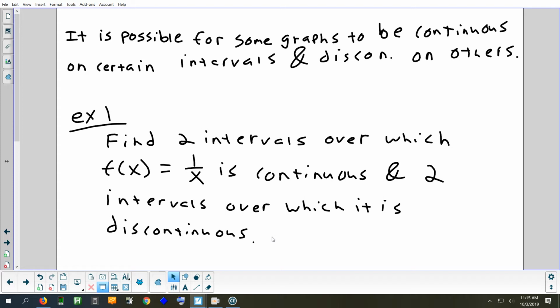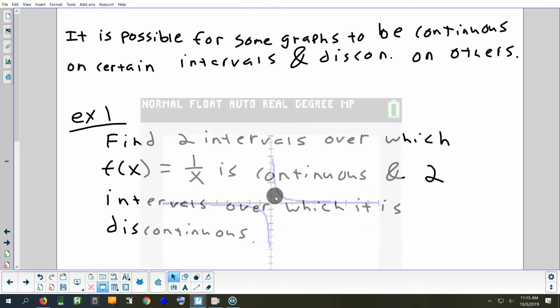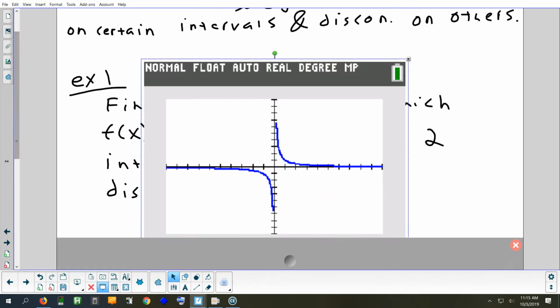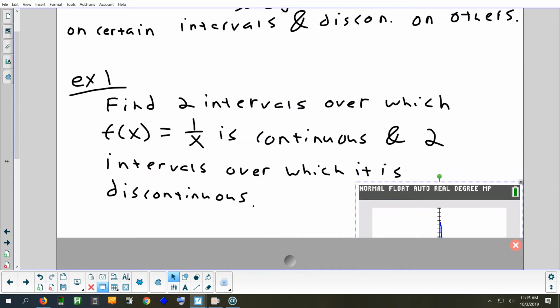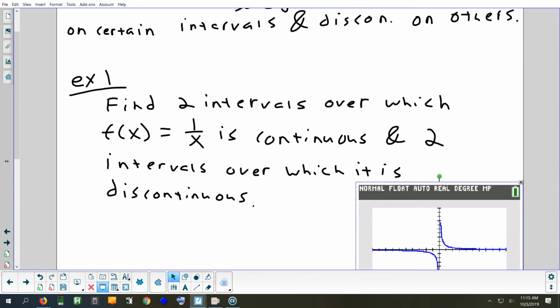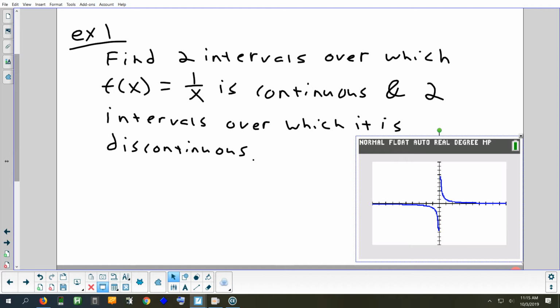Now, technically, the calculator isn't even drawing that exactly the way it should be. Those blue curves should continue on forever in all directions. Right? Up, down, left, and right.